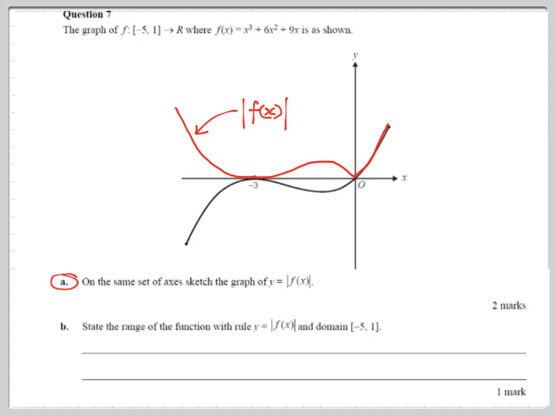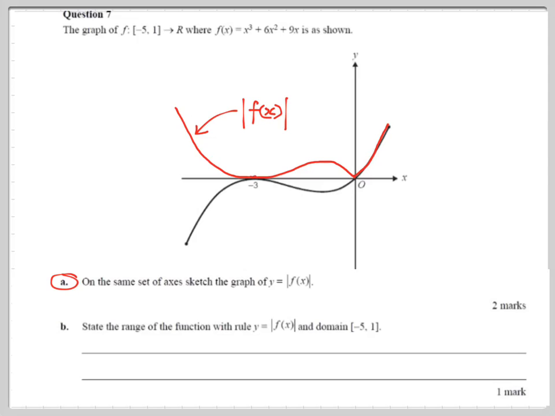Okay, now, what are we going to do now? In part B, we're going to state the range of the function with the rule y equals modulus of f of x and that domain. So the range of the function, okay? How do you think you might do that, guys? Well, I think what you've got to do there, see, the range is from the lowest to the highest.